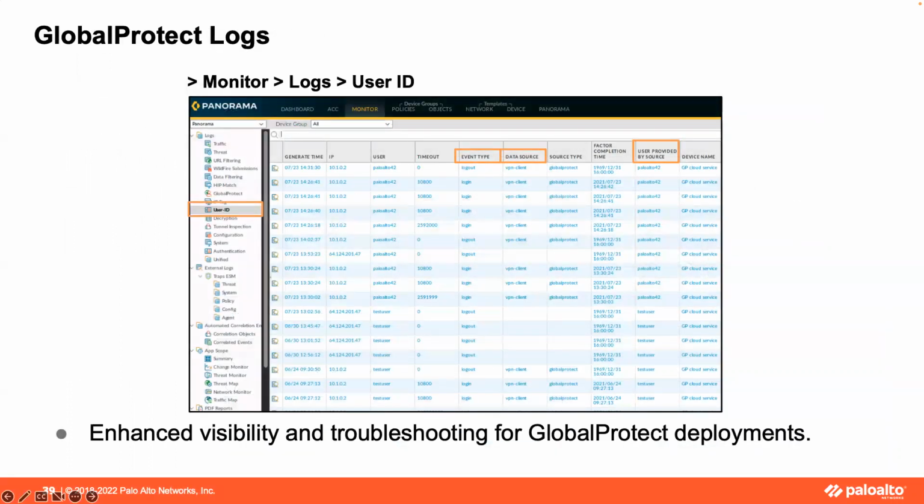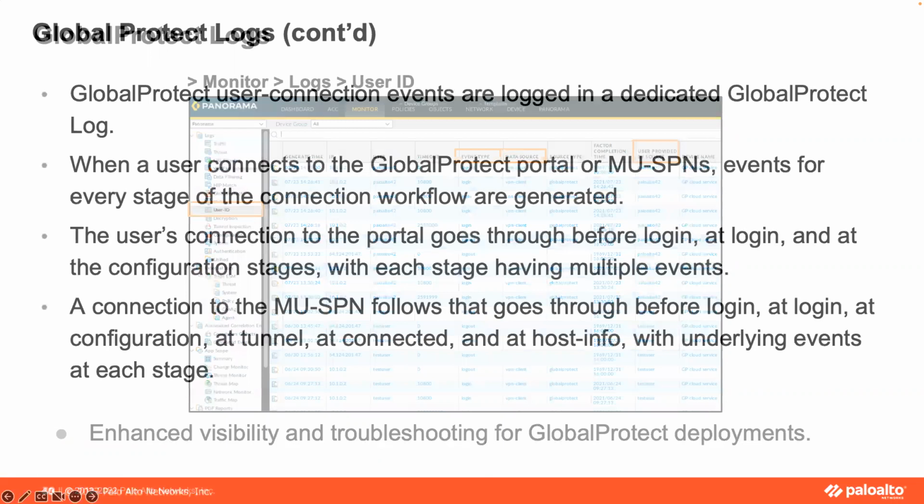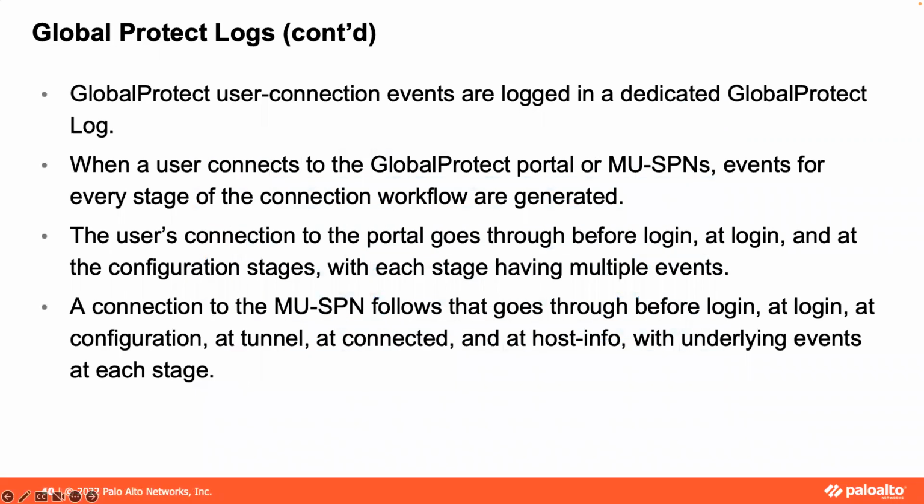Under the user ID logs and under the GlobalProtect logs, you're able to see users logging in. Under the GlobalProtect logs, you're also able to see connection events through GlobalProtect, whether it's the portal or the MUSPNs.